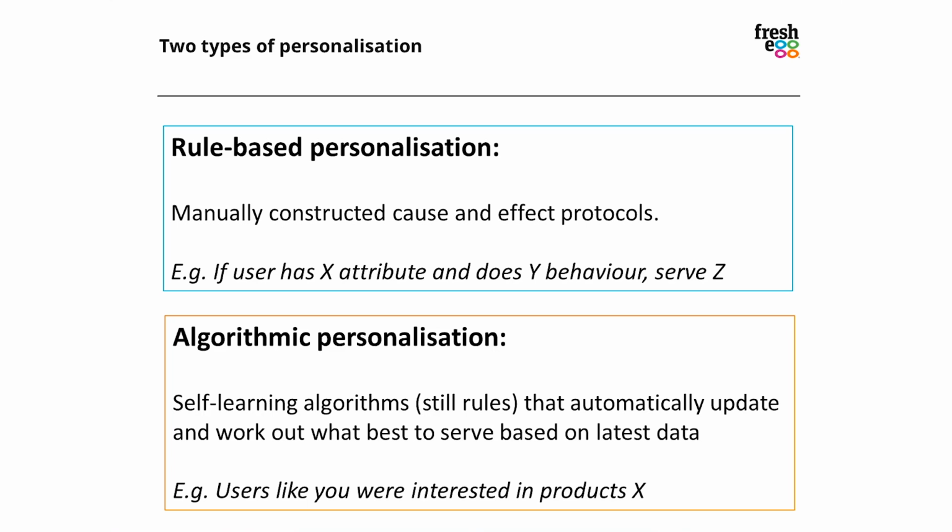Now the 'like you' bit would potentially be automatically updated to find better rules to match your attributes and your behaviors, as well as the product selection. So what product outputs look like can be refined over time as the performance of different algorithm tweaks can be measured. So it's a self-learning process.